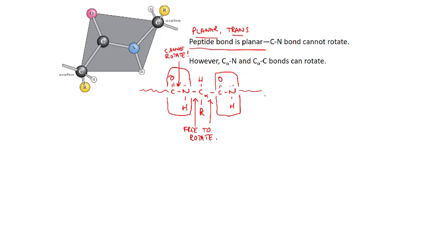So what does this mean? This means that the C alpha to nitrogen and C alpha to carbon bonds will rotate to change the conformation of the backbone.